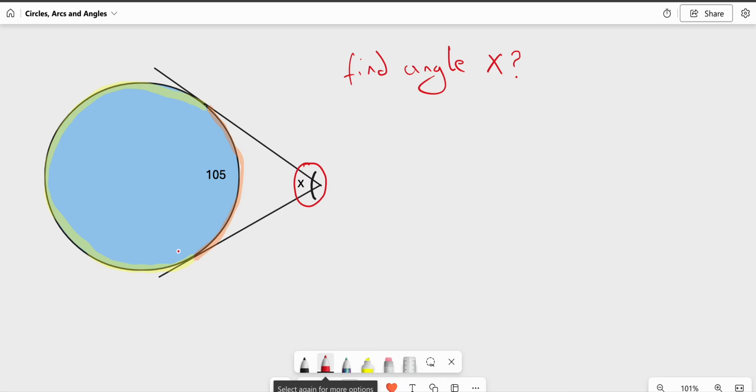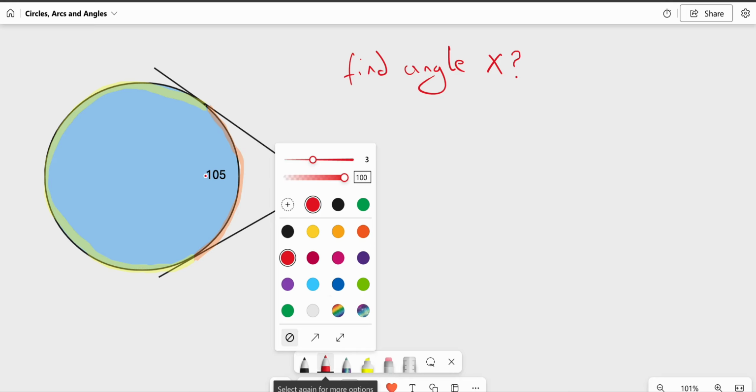The yellow one we don't have, but we know that the total angle of the circumference of a circle is 360 degrees, right? And if we have that this arc is 105, it's very simple to find how much is the yellow arc.